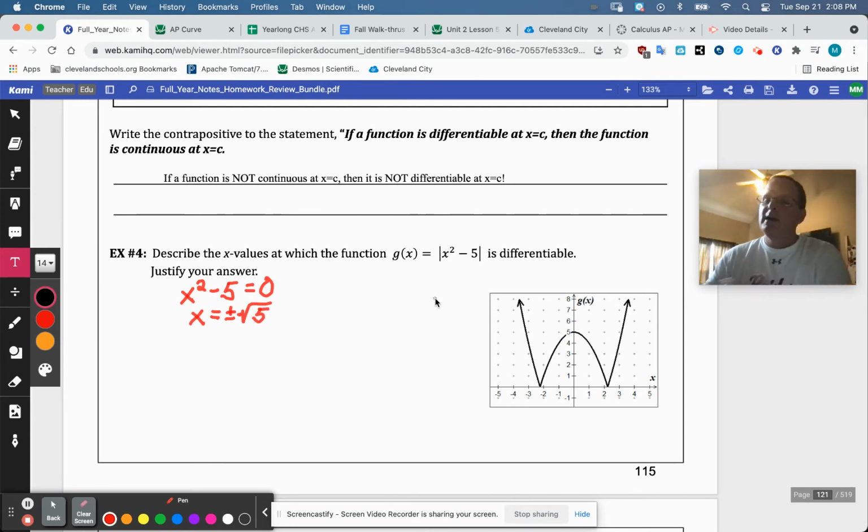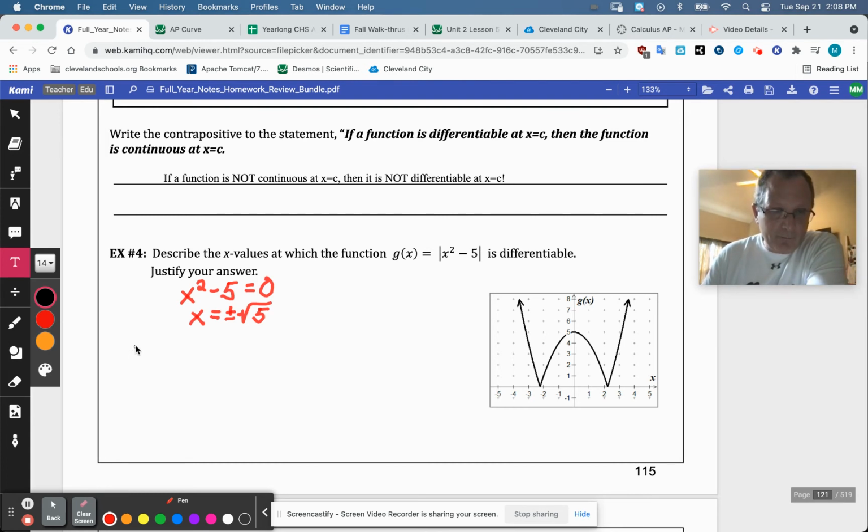All right, so this is going to be differentiable everywhere except for them at that moment. So I could go from negative infinity to the negative square root of 5. All right, and then leave that point out, go from that point to the positive square root of 5, leave that point out, and then go to infinity from there. So here we go. So here's how I would say it.